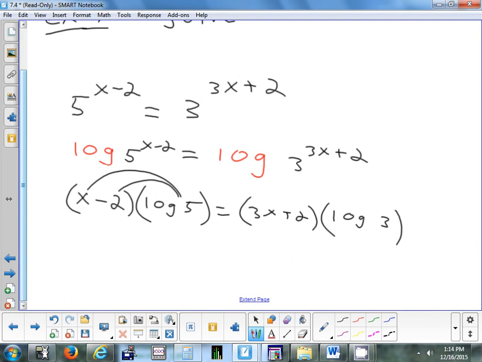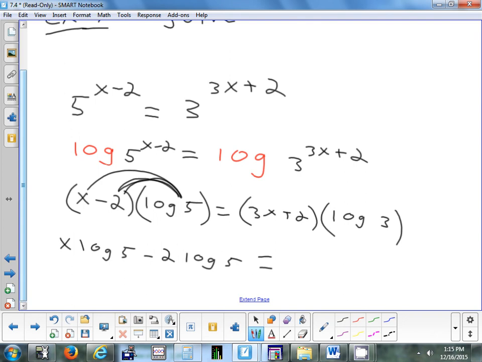It's just x times log 5, minus 2 times log 5. Again, it might look confusing, 2 log 5, but that's just a number. If I really wanted to, I could get the decimal, but I'm not going to do it because it's going to mess up my answer.